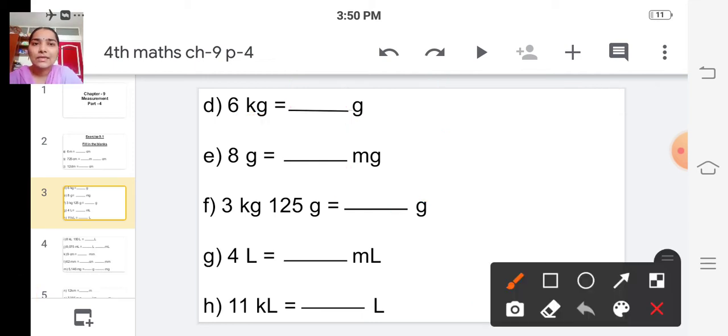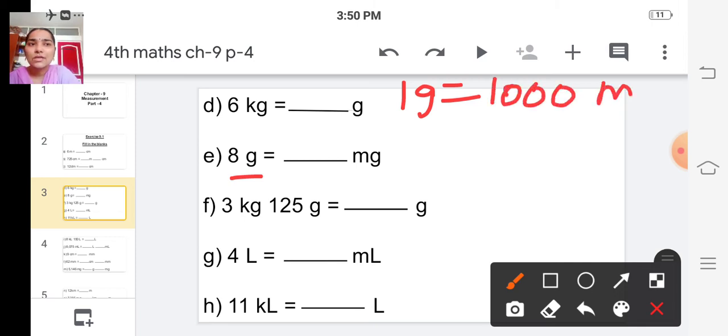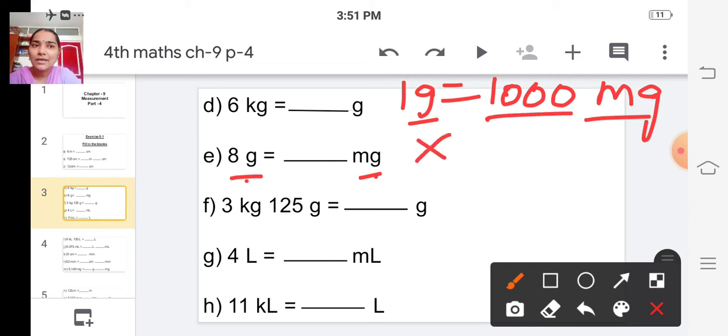Next problem, E. 8 gram is equal to dash milligram. And we have learnt 1 gram is equal to 1000 milligram. So gram is the bigger unit and milligram is the smaller unit. To convert bigger unit into smaller unit, we have to multiply by 1000.